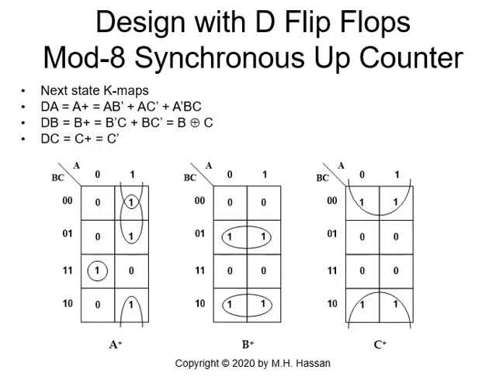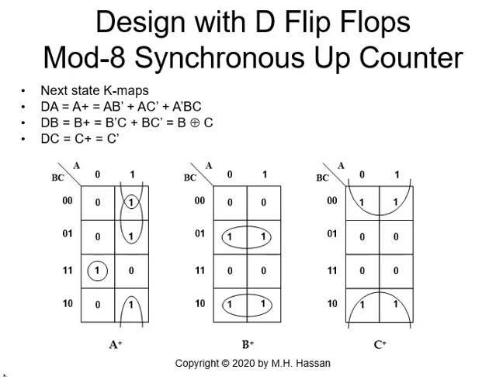This is how we map A plus: 0, 0, we jump, 0, 1, 1, 1, we jump, 0. So we have the K-map for A plus.